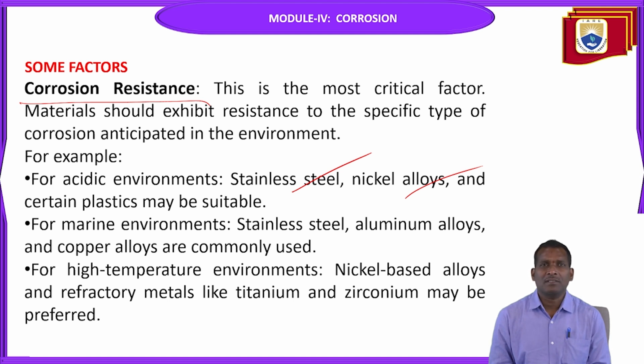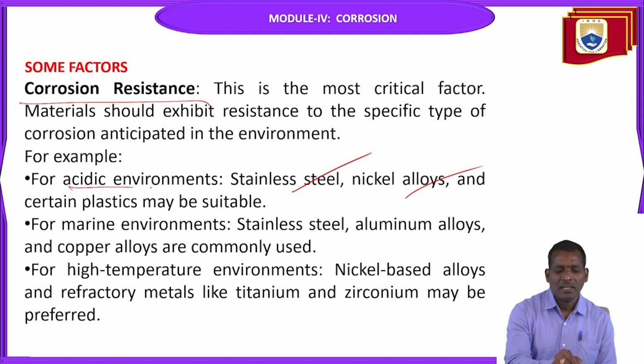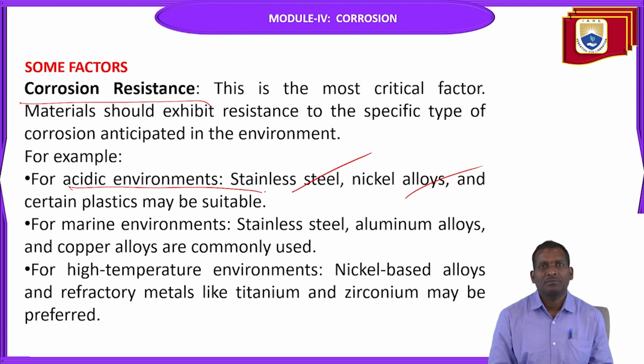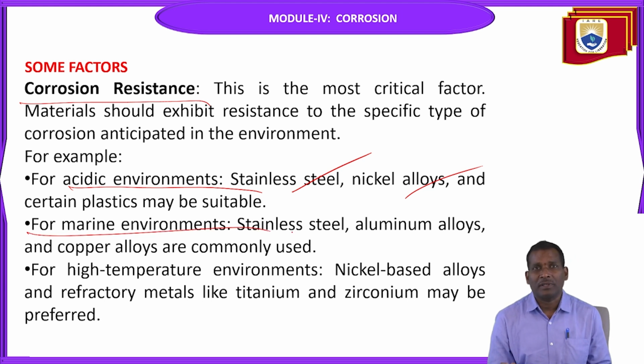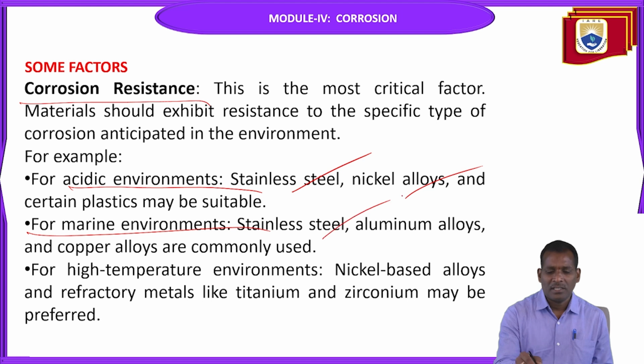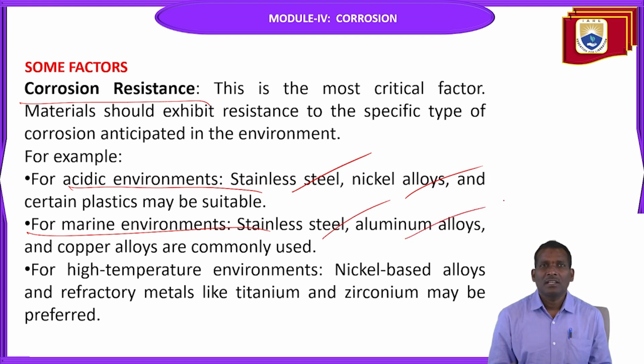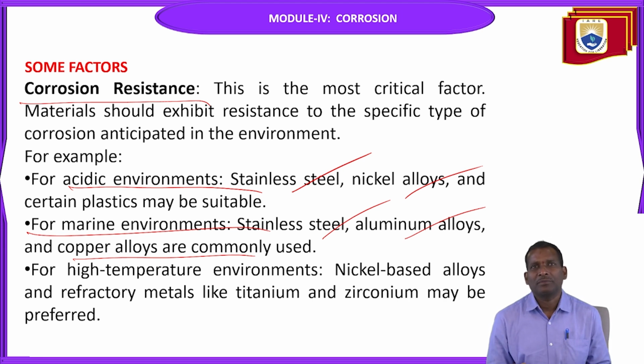So these materials are suitable for acidic environment conditions. In marine environments, the weather is different, so stainless steel, aluminum alloys, and copper alloys are commonly used. The material usage depends upon the environment.